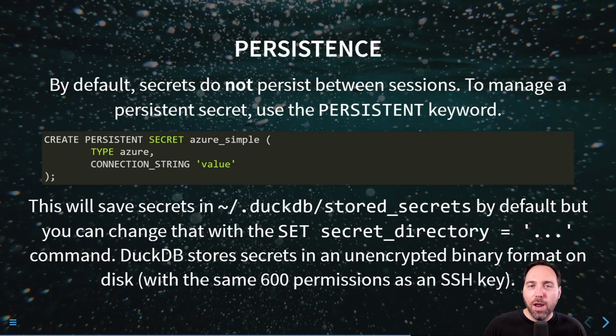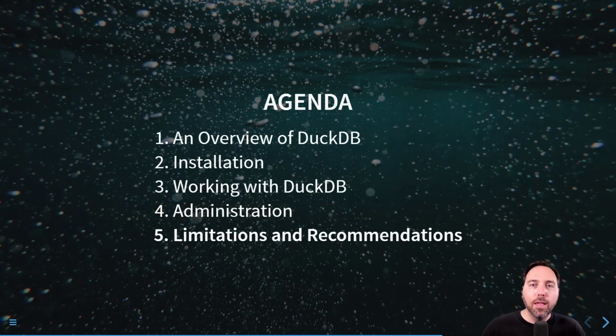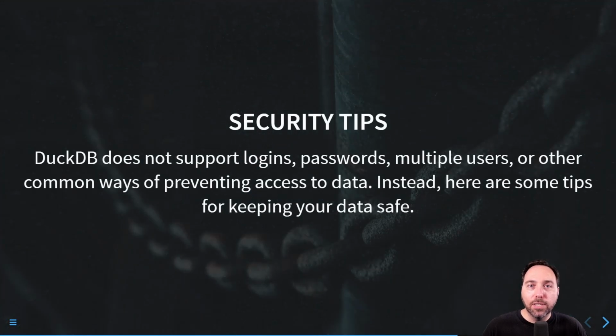Nobody else can read, write, or execute. This is basically the same as what we would do for an SSH key. So it's not quite as bad as it sounds, but do note that you are saving your secrets that are technically unencrypted. It's just that only your user account is allowed to access them. Now, if you have a persistent secret, then you can drop persistent secret, and it will delete them from the file.